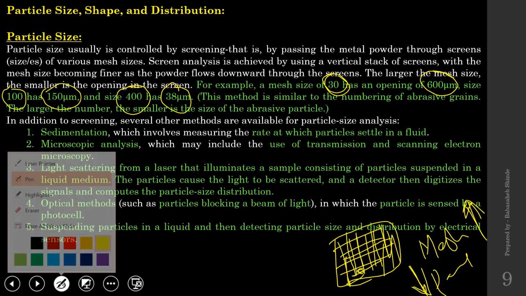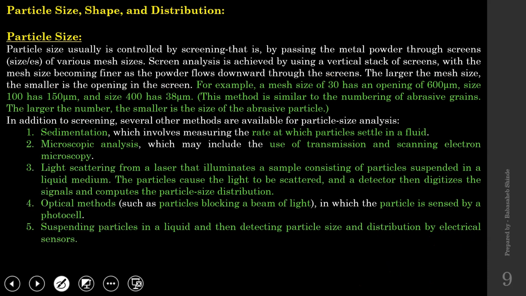Then there were certain techniques that were used to identify the particle size. First one was sedimentation, then microscopic analysis, light scattering, then optical methods, and suspending particles into liquid and identifying their electrical characteristics. All these things we have discussed.